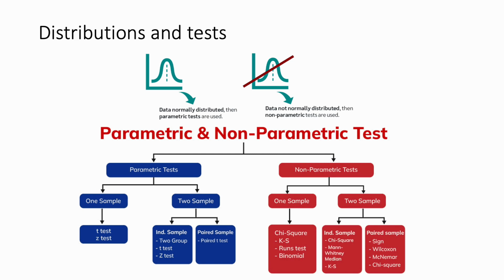So we are going to have, again, the paired sample. So we are going to use the sign test, Wilcoxon, McNemar, or chi-square test in order to compare the population without the drug, placebo, and after the exposure to a drug for the occurrence of adverse drug reactions.